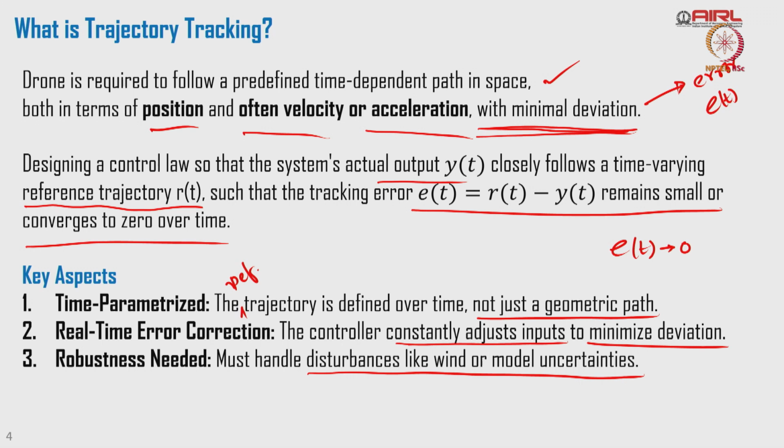So, what we see, it is a time parameterized path which the drone needs to follow. The error correction should be done in real time or online, and the third one is the robustness needed to handle wind gusts or other kinds of disturbance or some model uncertainties.